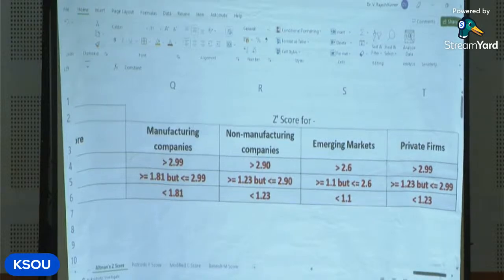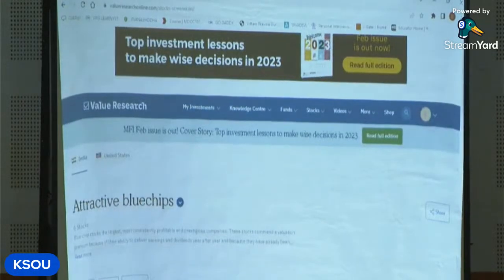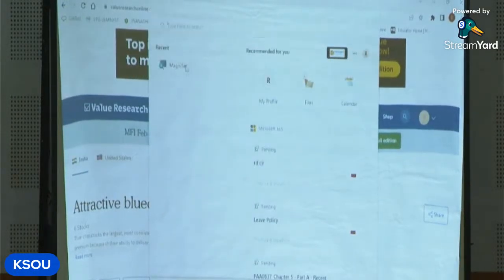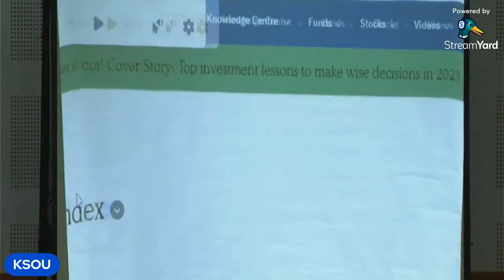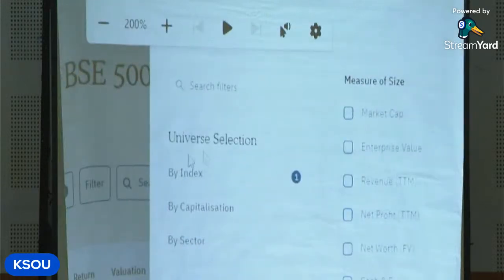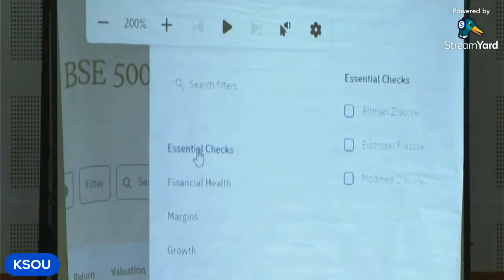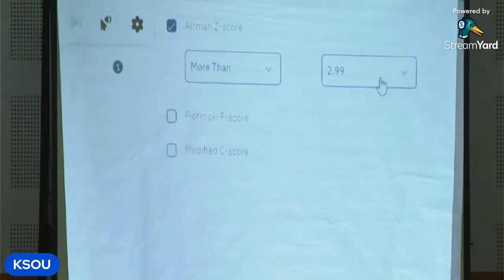Now, this is Z-score. If you see here, stocks. Again, I'm taking BSE 500. Filters. Essential checks. Now, Altman Z-score, when I click, can you see what comes by default? 2.99, because that's the value given by Altman.